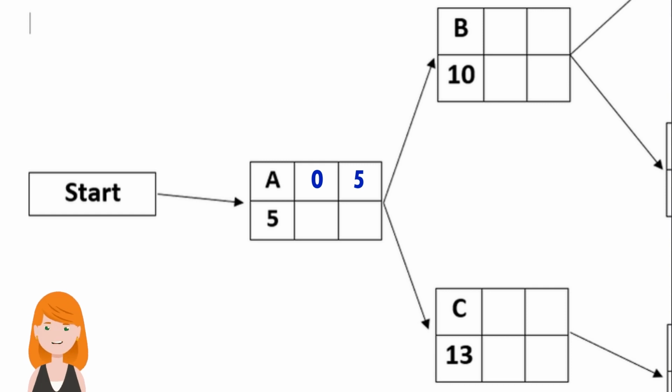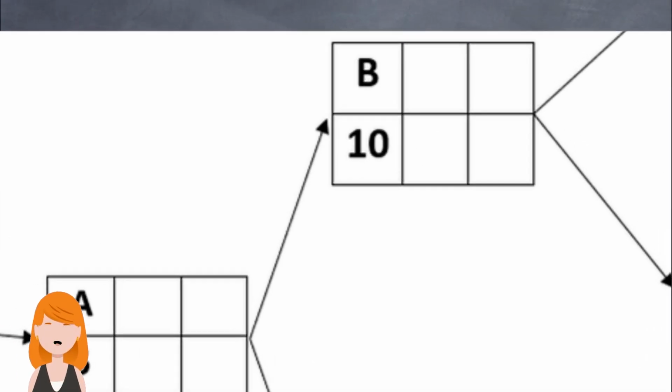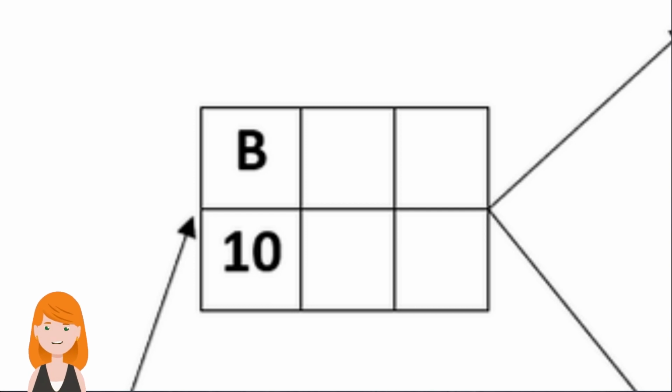Moving to activity B. B has an earliest start time of 5, and with an activity time of 10, it will have an earliest finish time of 15.